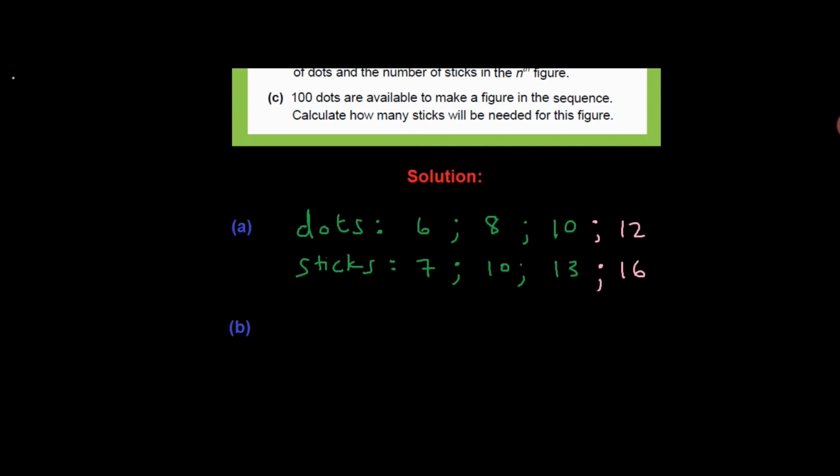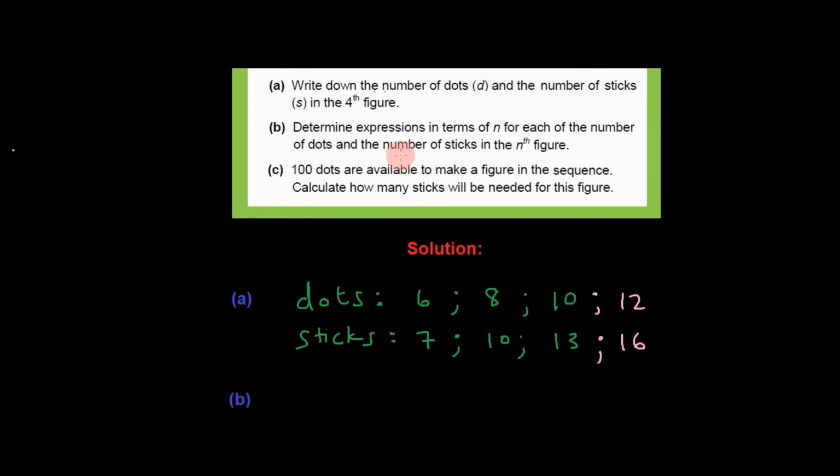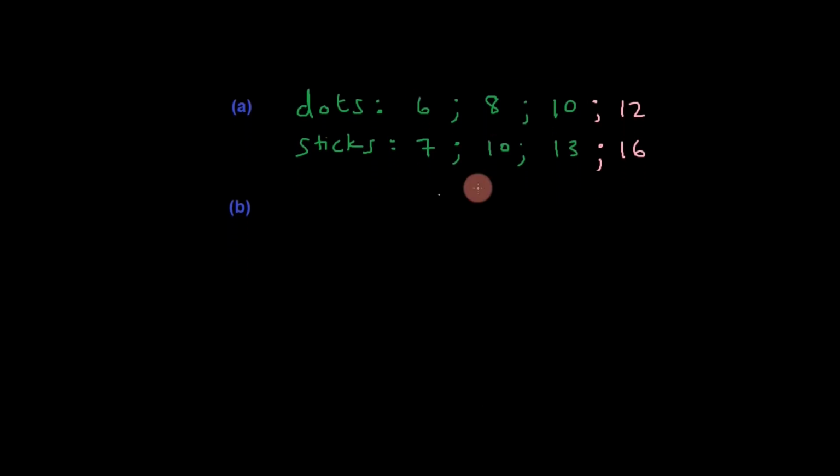In the second part of this question, we have to determine expressions in terms of n for each of the number of dots and the number of sticks in the nth figure. So we really have to write down the general term for the number of dots as well as for the number of sticks. So let's start with the dots.